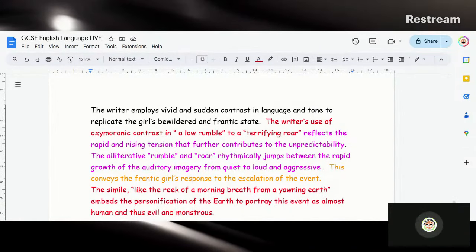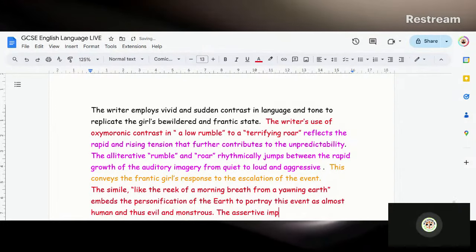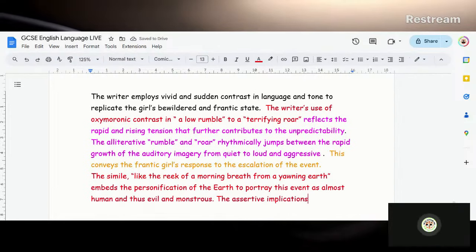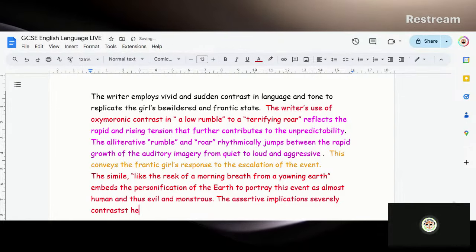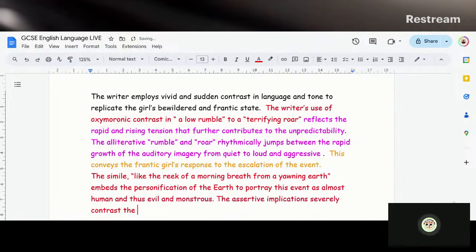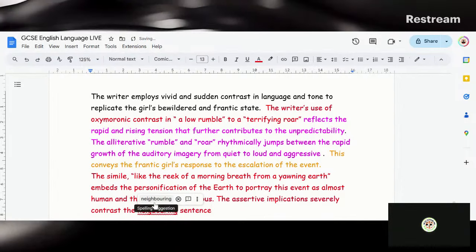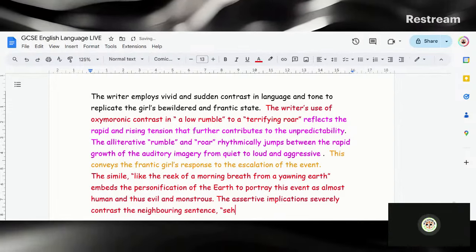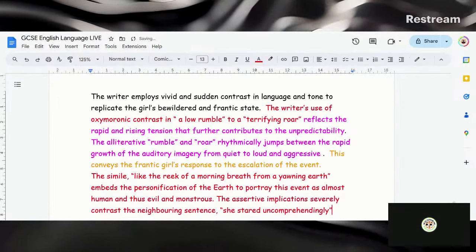And we can also speak about the tone of it, the assertive tone, or we can say the assertive implications, because the sentence creates implications that are very assertively said, which severely contrasts the neighboring sentence, which is, she stared uncomprehendingly. Okay?